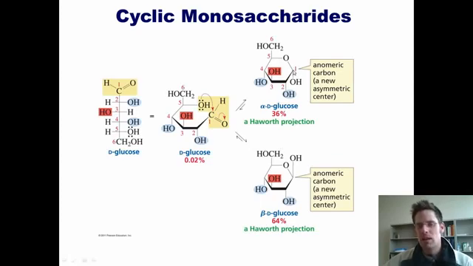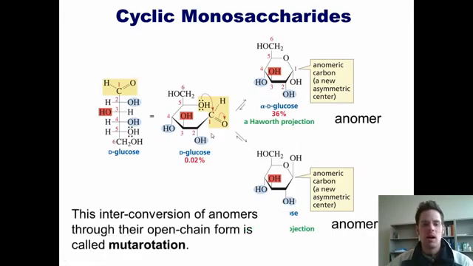So this anomeric carbon, if we have the opposite stereoconfiguration between two different structures, these two different structures are called anomers of each other. One other thing that I should tell you is that this entire process of interconverting between these two ringed forms and the straight chain form is called mutarotation.